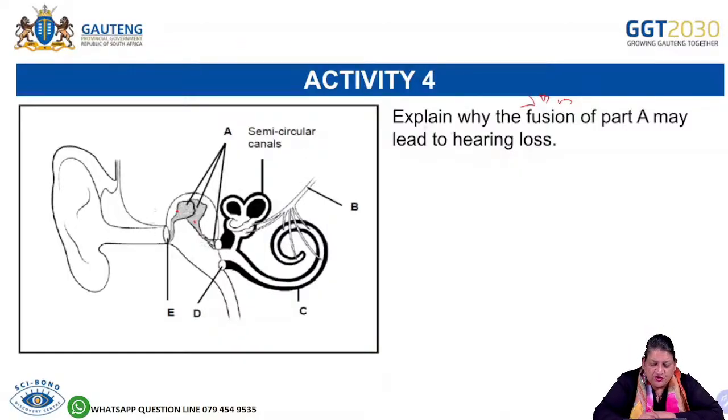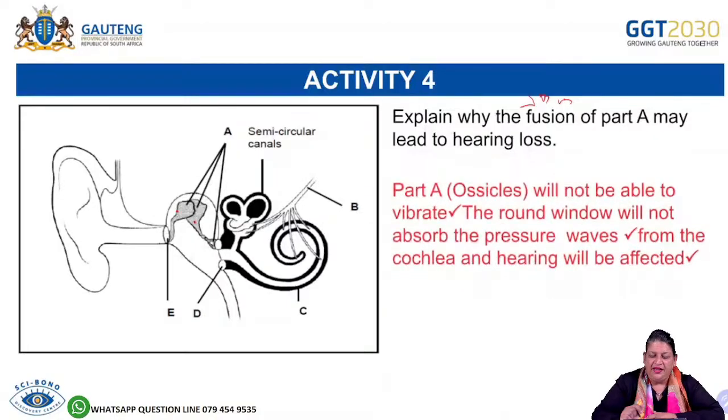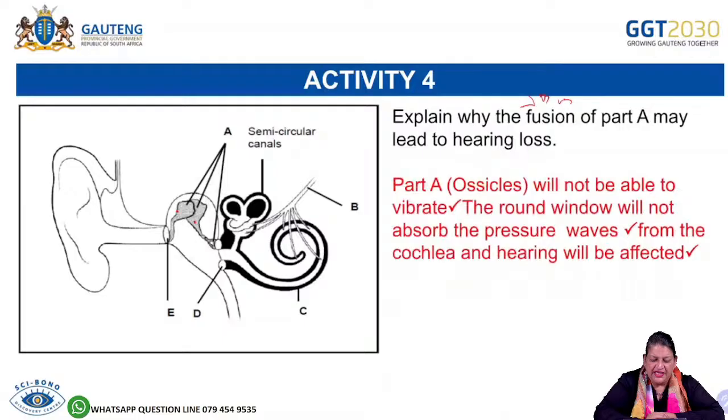So if it's fused as one bone, then there's not going to be amplification of the sound vibrations. So part A, you're going to say is ossicles. Can you see? You must always name the part that they are asking for. Even if it's not needed, you name it. All right. To show that marker, to show that examiner that you know what you are talking about.